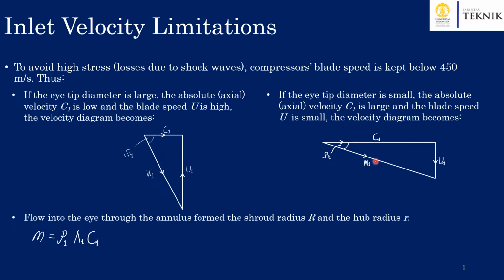However, these two conditions share one common velocity component, that is W1 here, which we know as the relative velocity, and it will play a role when we assess the relative Mach number at the inlet of centrifugal compressors. Now let's begin with the continuity equation, where mass flow rate is a function of density, area, and the absolute velocity at the inlet.